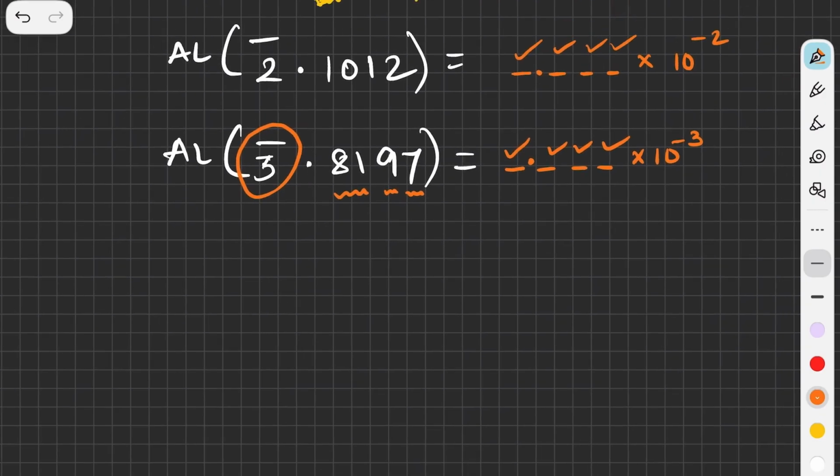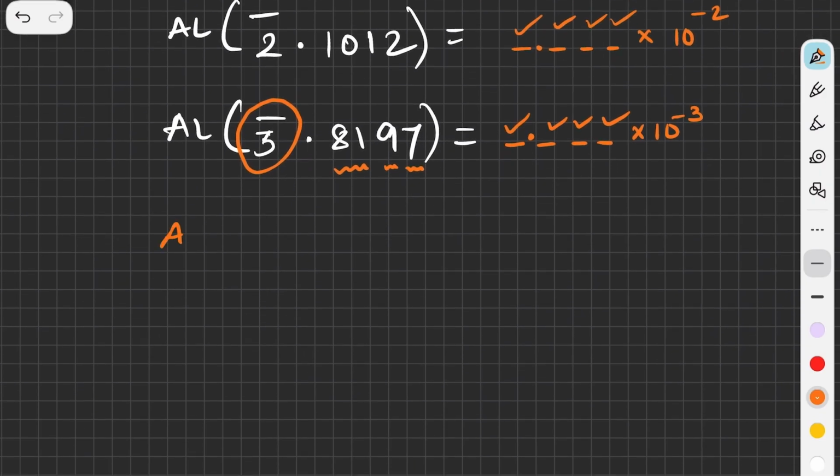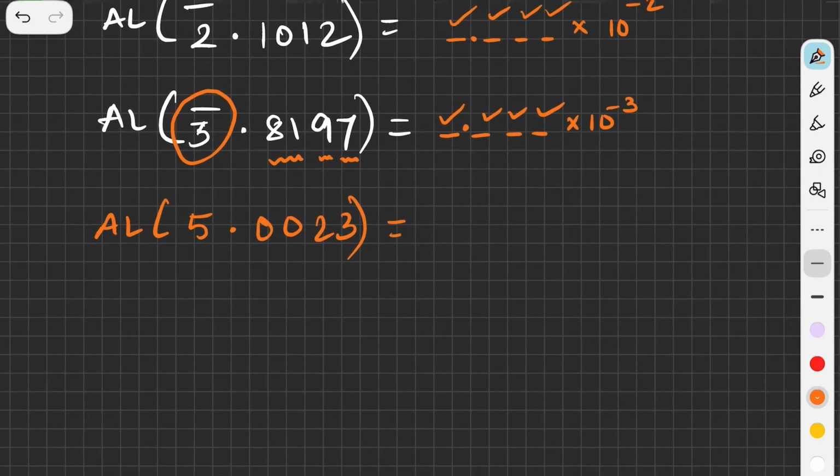Now there is a bonus number over here, I just remembered it. Suppose the number is something like 5.0023. If such a number comes for antilog, make sure that you find the mantissa of 0023 and not 2300.